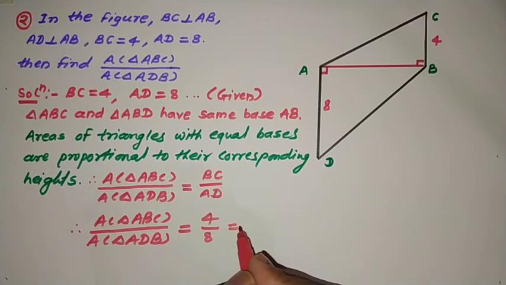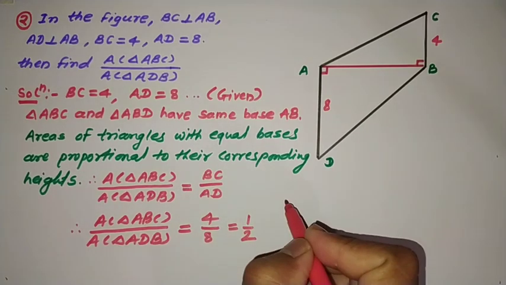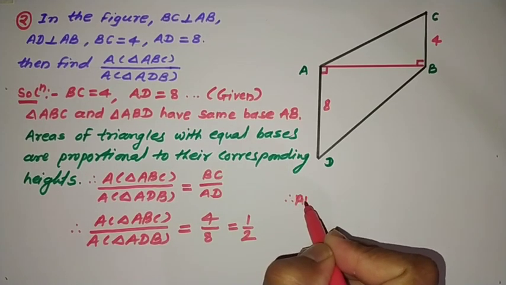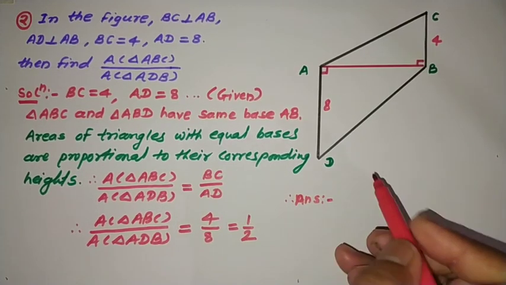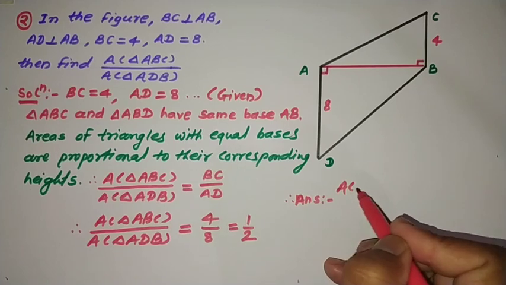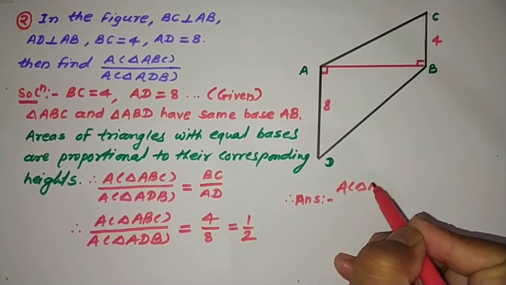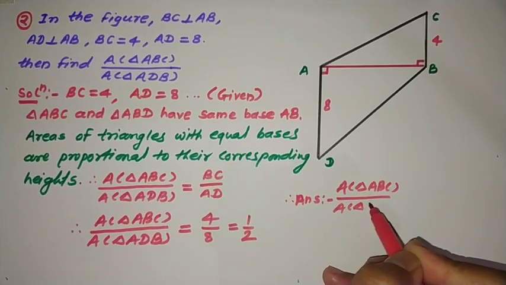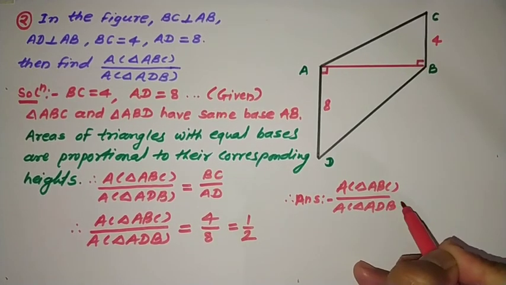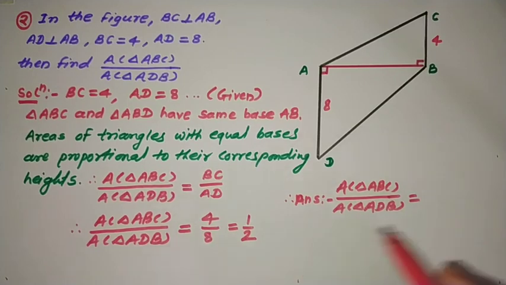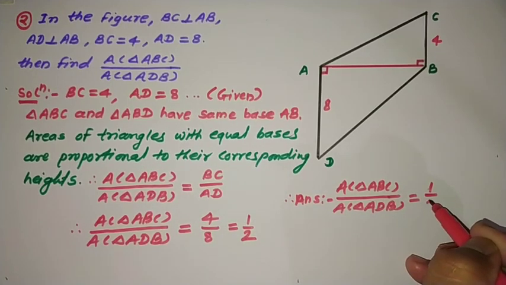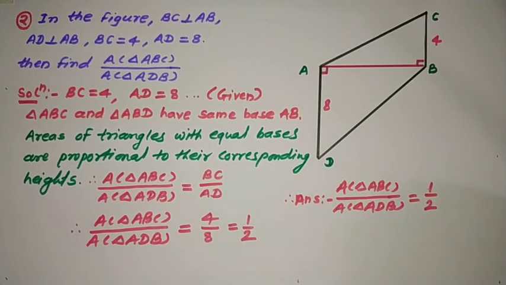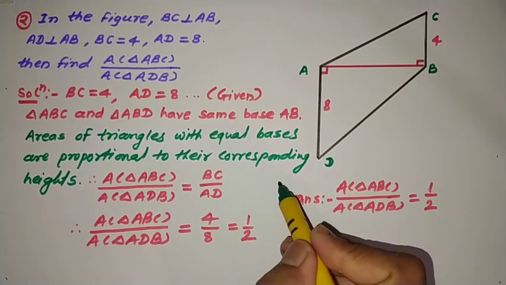Therefore the ratio of areas of triangle ABC upon triangle ADB is equal to 1 upon 2. Here is the final answer.